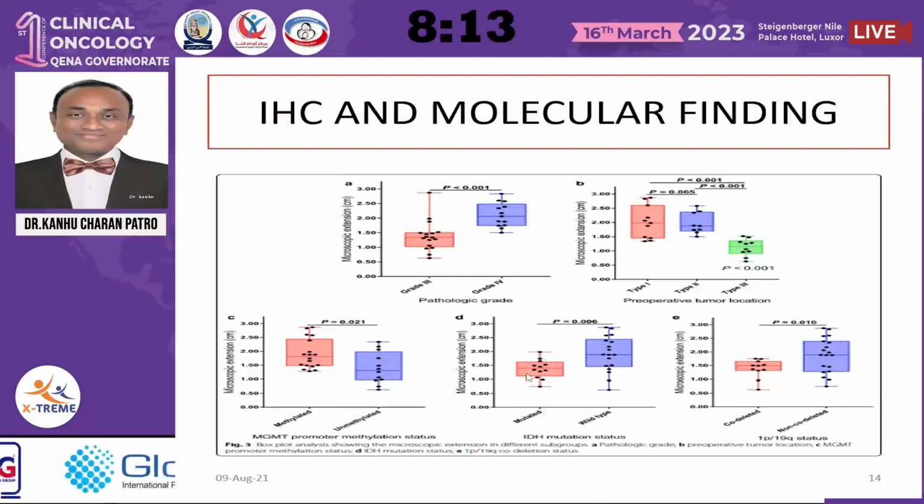IDH mutated is less infiltrative, but wild type is more infiltrative. Co-deleted is less infiltrative, and non-co-deleted is more infiltrative. You can see the microscopic extension on the vertical axis and the parameters on the x-axis. But molecular profiling has not been taken into account in glioma consideration; in future it will help guide us in a better way.